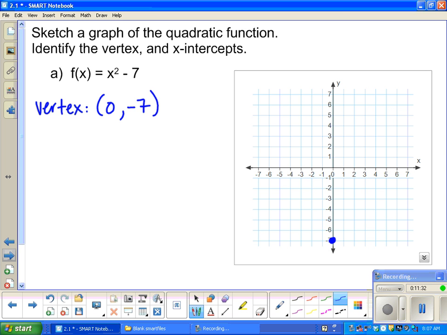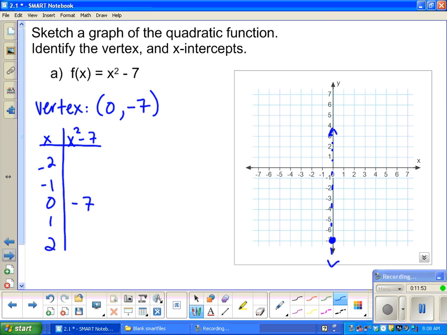Our line of symmetry, remember, runs through the vertex. All right, so now, t-chart.